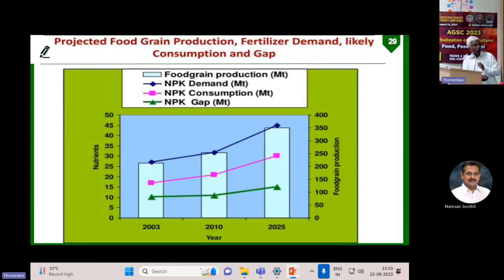This also shows projected grain production. For example, current food grain production exceeded 330 million tons as per the latest estimates of May 2023. Even then, this clearly indicates that consumption is far below the requirement or demand, and there is a big gap that has to be met by different sources, ultimately organic and others.